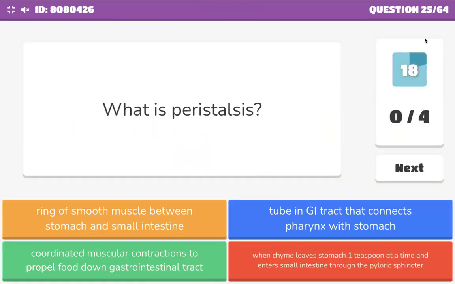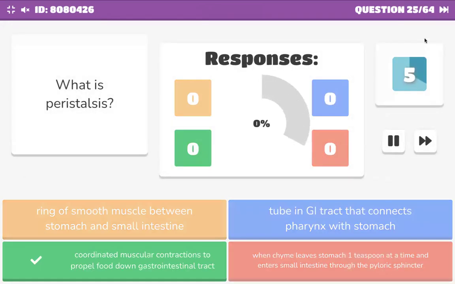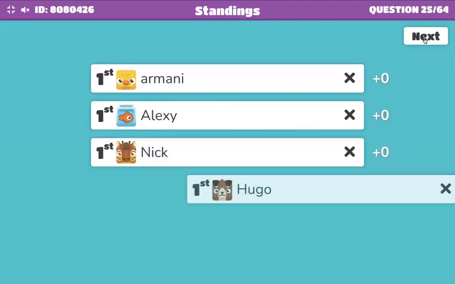What is peristalsis? Coordinated muscular contraction to propel food down the GI tract.